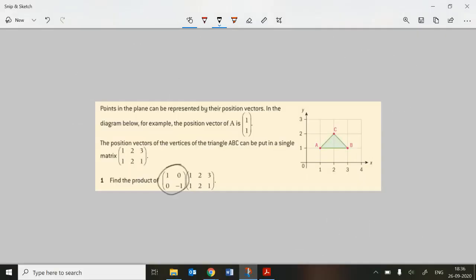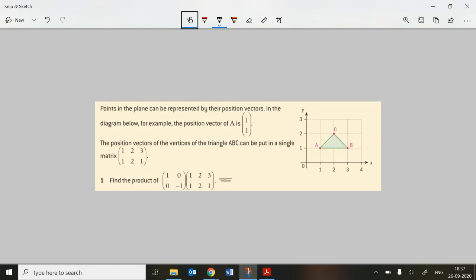If you were applying, say for example, this matrix here, that's going to be a reflection. Actually, that's our reflection, taking the y's to be negative, so it's going to be a reflection in the x-axis.